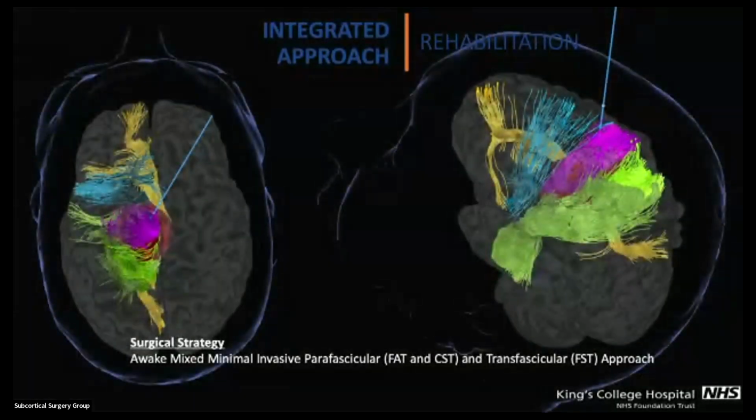The tumor is completely covered by all the important tracts: corticospinal tract, FST, frontostriatal, and the IFOF on the bottom. This is one of those cases where we decided, okay, let's go for the MIPS approach, but we will have to sacrifice one of those. Corticospinal tract does not come into discussion, so we decided to go through the FST.